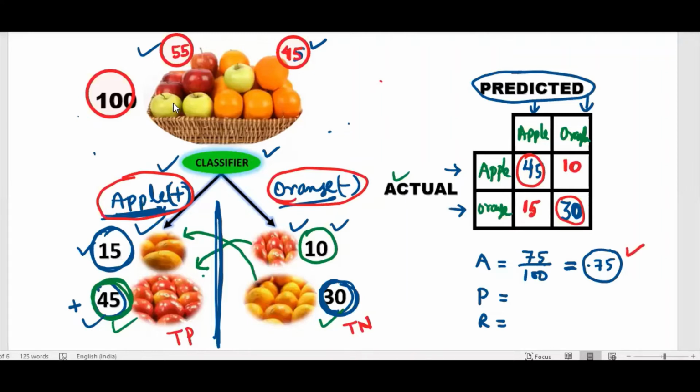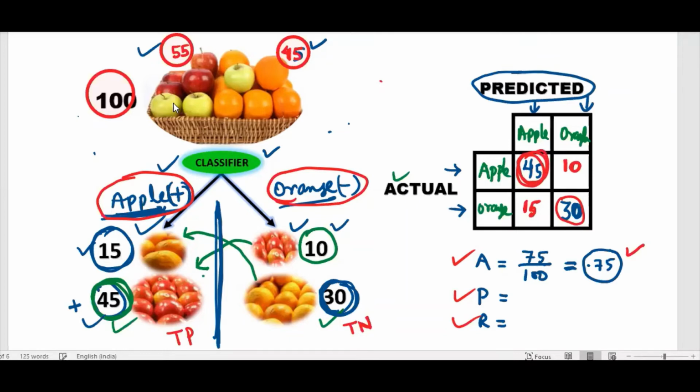Now, when you find precision and recall, we are talking about only positives here in the 2x2 binary. You can do it for negatives also. After overall accuracy, we find precision and recall for positives. So this 45 will be constant.